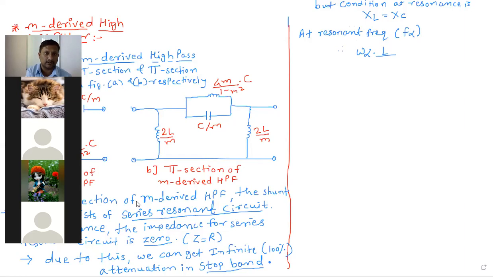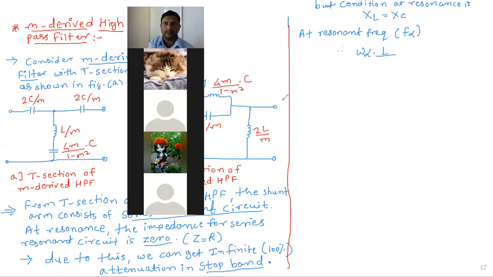That is L by m. So omega alpha into L by m is equal to XC, which is 1 upon omega C. Omega is omega alpha. The C value is 4m into C divided by 1 minus m square. So this small m will get cancelled.